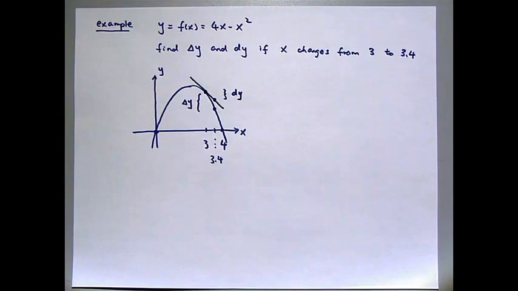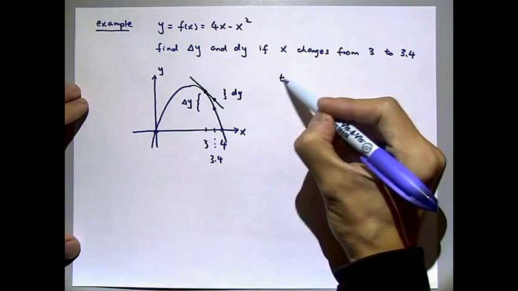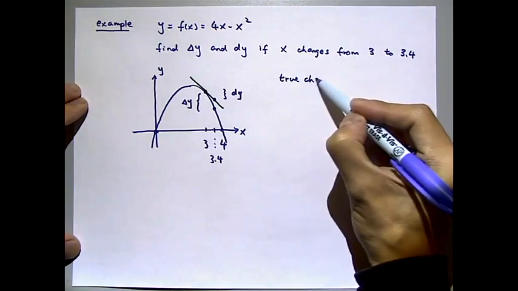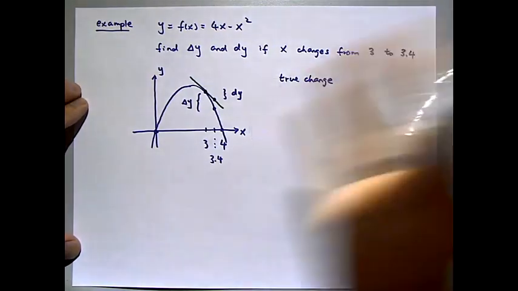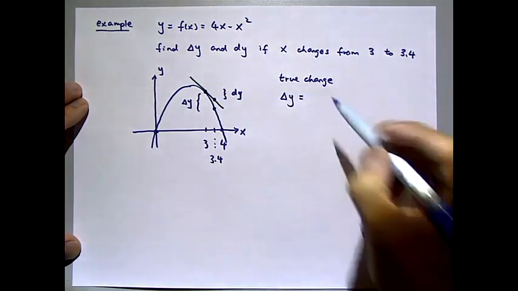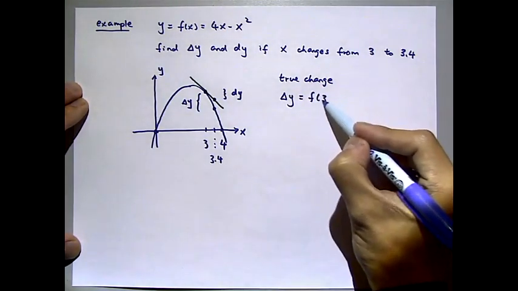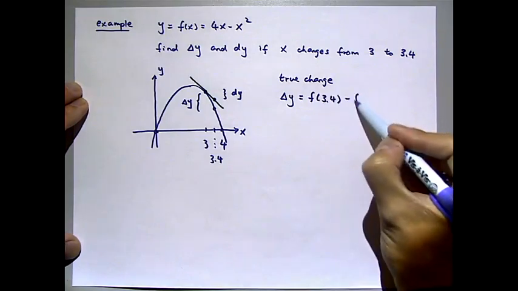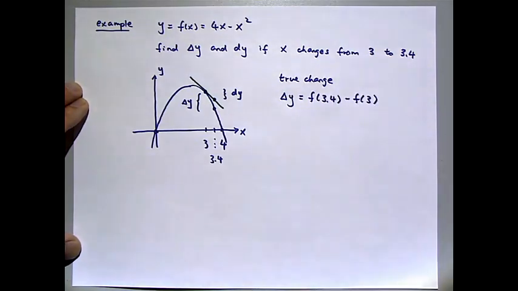Okay? Okay, let's calculate the true change first. And that requires using a calculator. Delta y is equal to f at 3.4 minus f at 3.